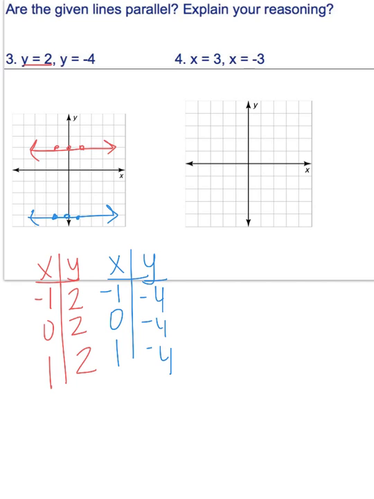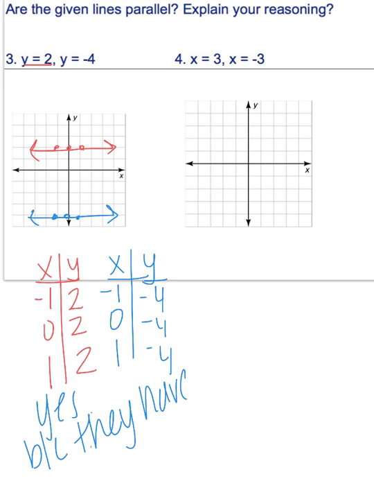Looking at my graph, I can say, yes, they are parallel. And I know this because they have the same slope. What is the slope of a horizontal line? It is 0. So they both have a slope of 0.